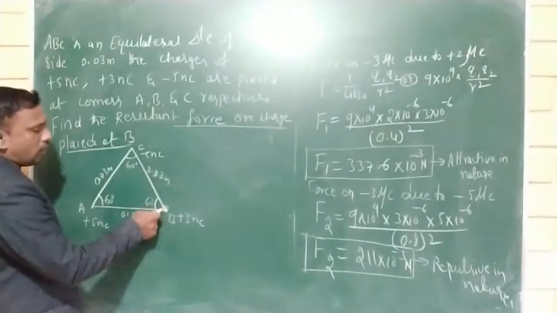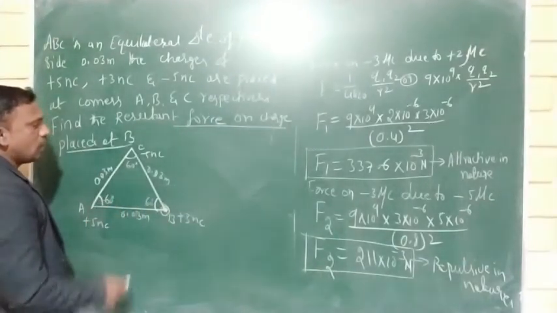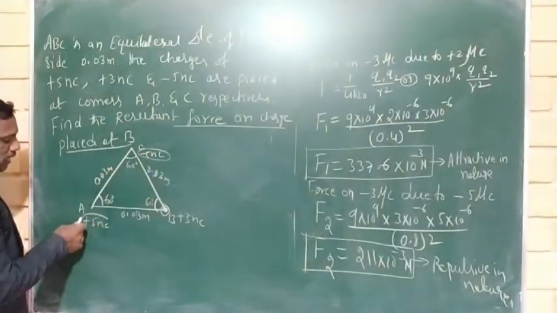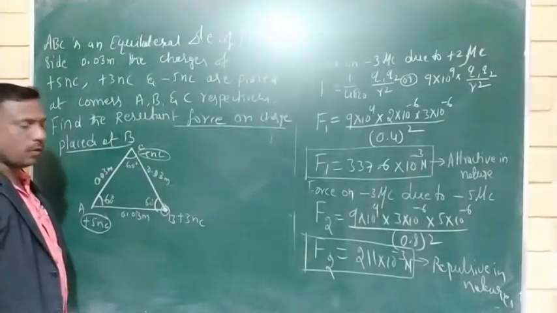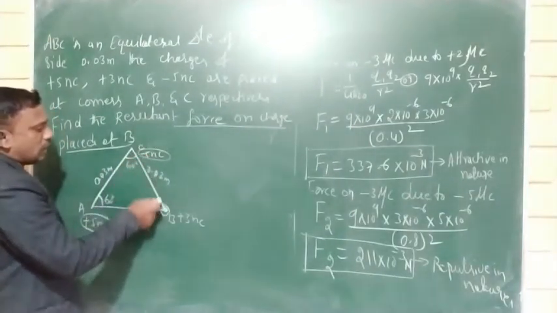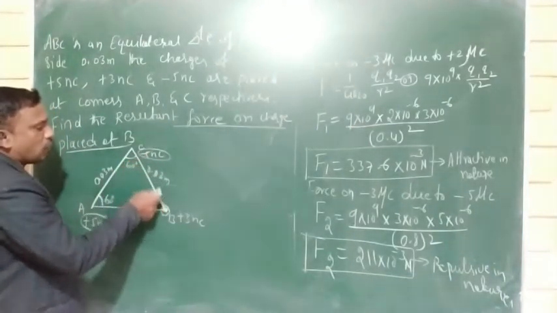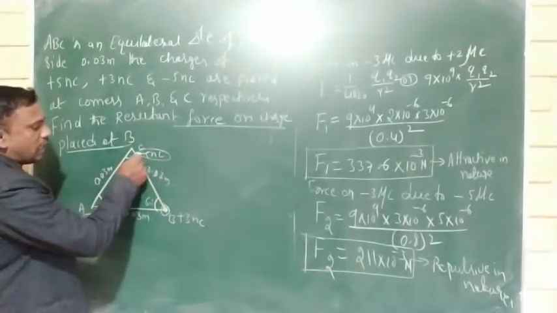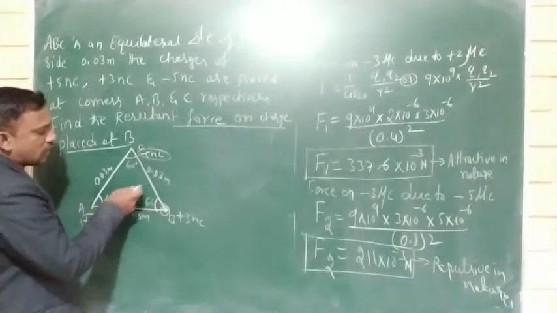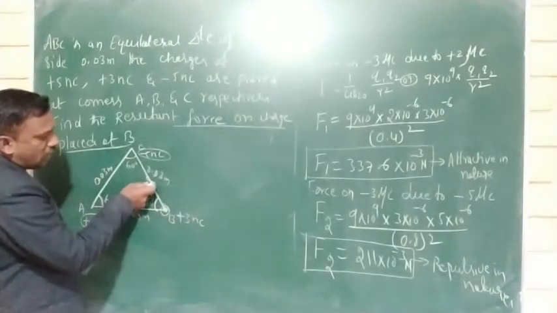Therefore, consider the force on the plus 3 nanocoulomb charge due to the minus 5 nanocoulomb charge and also the plus 5 nanocoulomb charge. The force between these two charges is attractive in nature, since one is negative and the other is positive, acting in this direction.